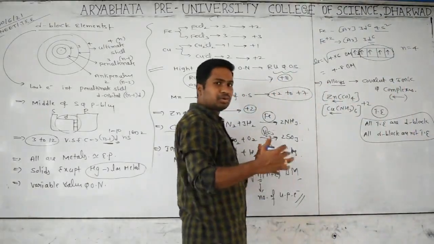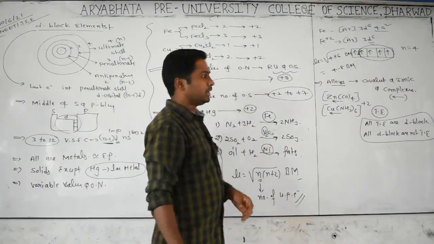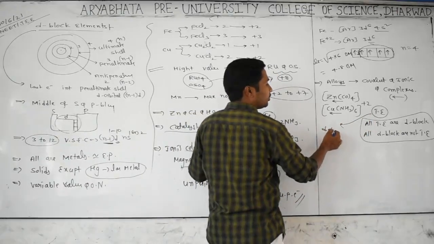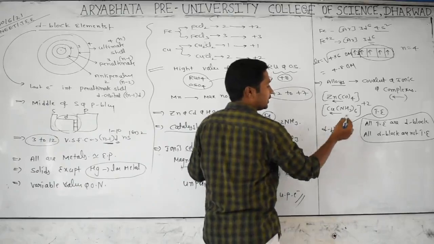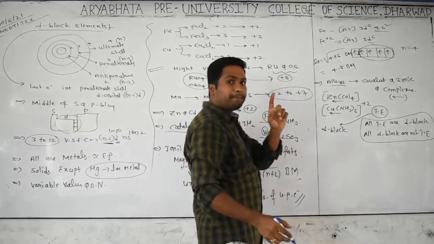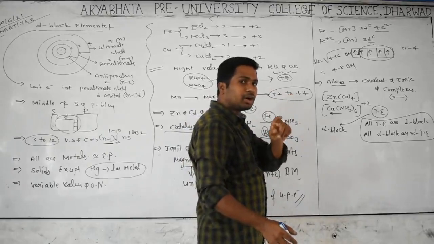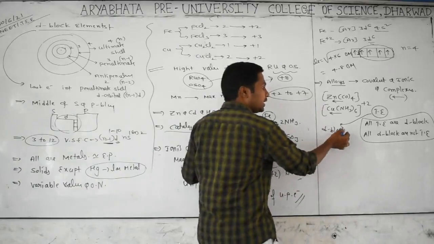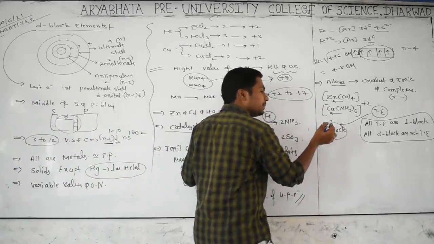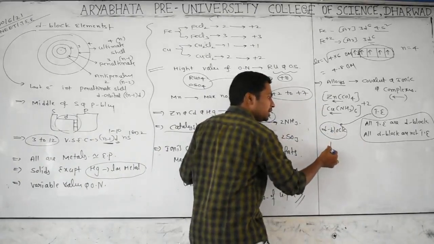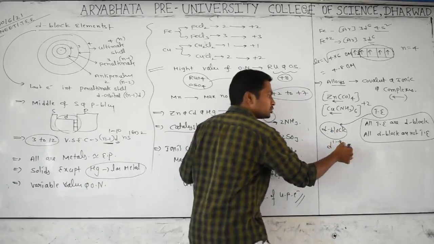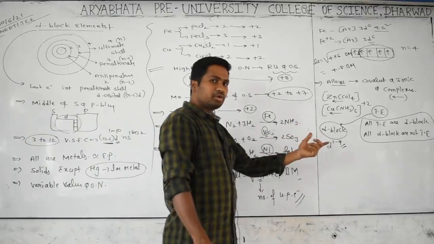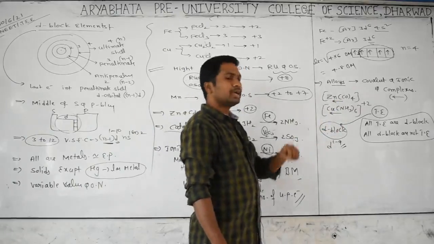A transition element, first of all, should be a d block element which has partially filled d orbitals in any one of its oxidation states. What is the meaning of partially filled? It has 1 to 9 electrons only. If it contains that in its basic form or in any one of its oxidation states, then the d block element is called a transition element.